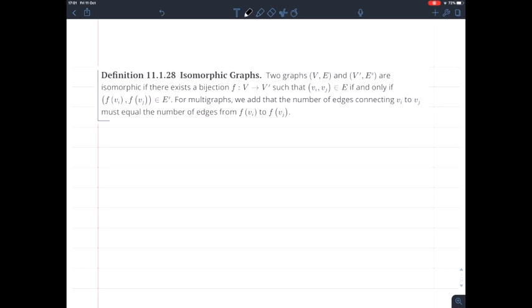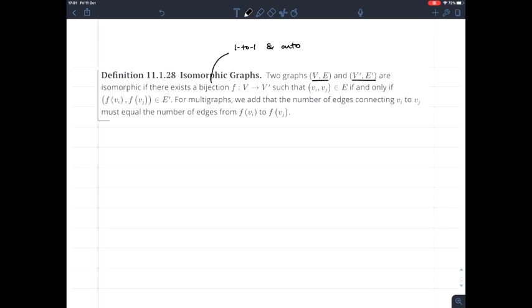If we want to be fancy and have a mathematical way of saying that two graphs are isomorphic, then here's the definition that we need. So we're working with two graphs, and they're isomorphic if there exists a bijection. So remember, a bijection is 1 to 1 and onto.